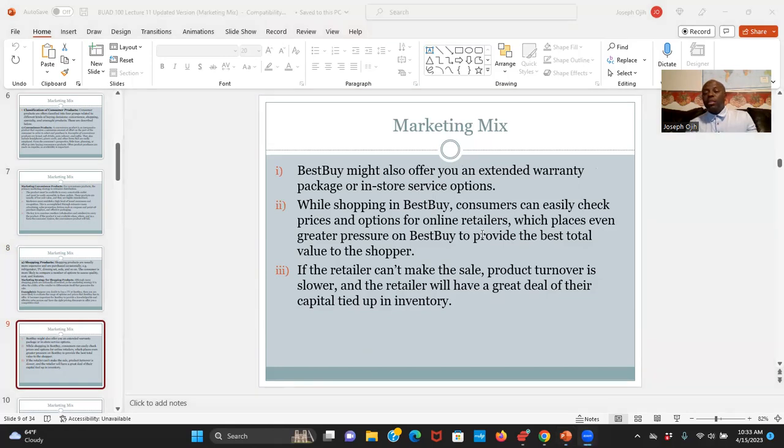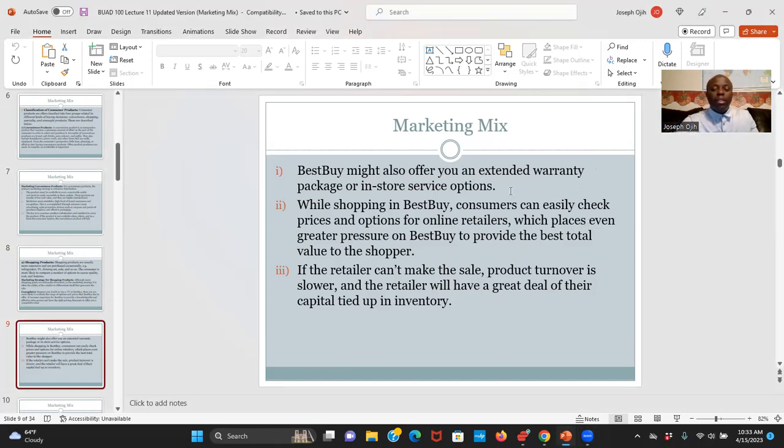While shopping at Best Buy, consumers can easily check prices and options from online sellers, especially these days where the smartphone is everywhere. Even when you're in Best Buy, you can use your phone to compare prices in other stores.